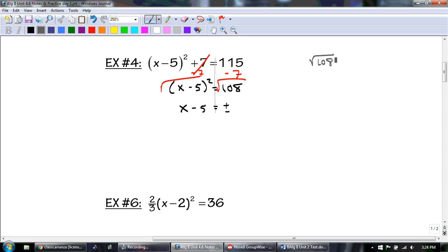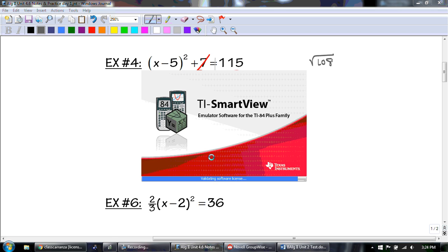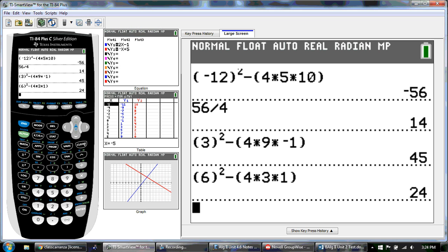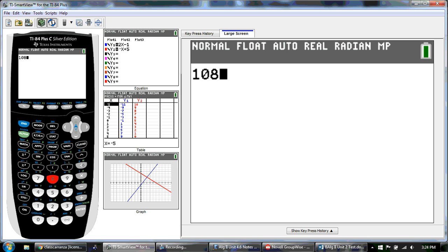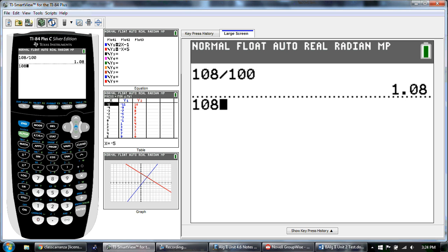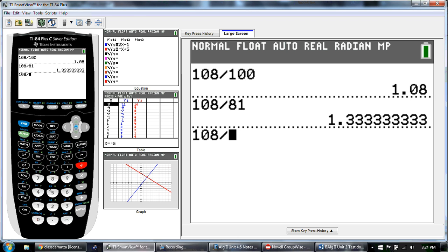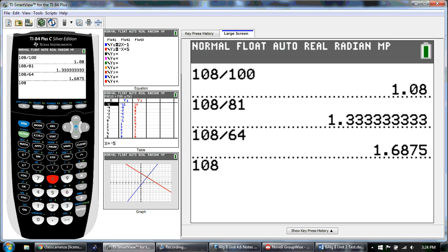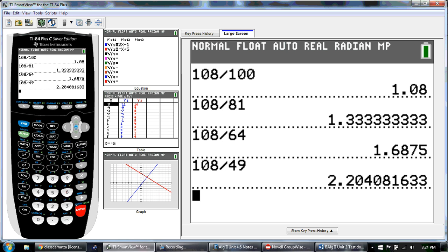So using your calculators, you should be trying to find out what perfect square goes into 108. So we would start with the highest, which is 100. No. 108, the next one, 81. 64. 49.